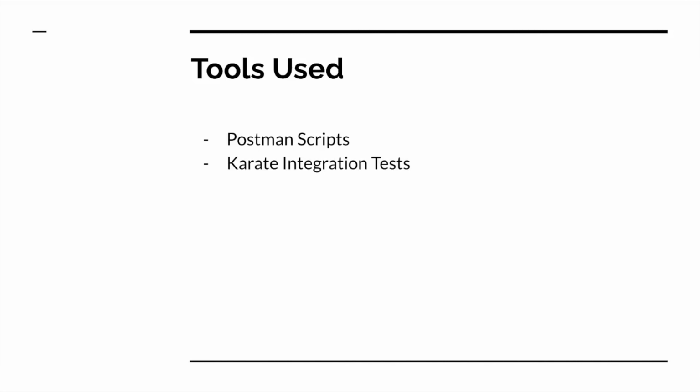I will be using a free API, and we will write the Postman script in a hands-on session. And similarly, for Karate integration test, we will again write some integration tests so that you have a clear understanding of why we do it and what actually happens when they fail, and so that you can implement it in your project.